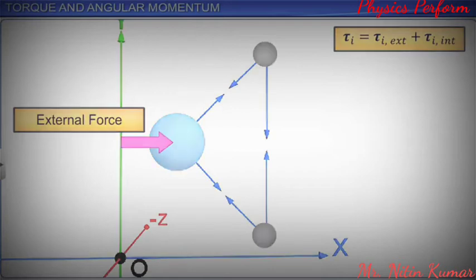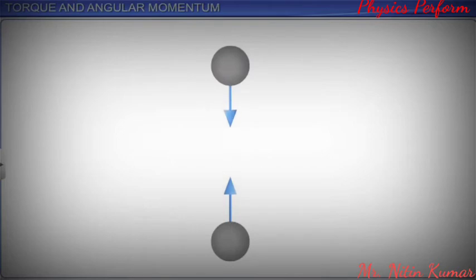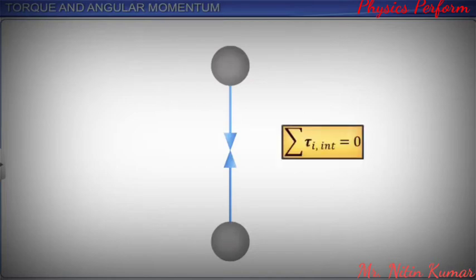As per Newton's third law, the forces between any two particles are equal in magnitude and opposite in direction and act along the line joining them. Due to this, the total torque due to internal forces, which is sigma tau i internal, becomes zero.